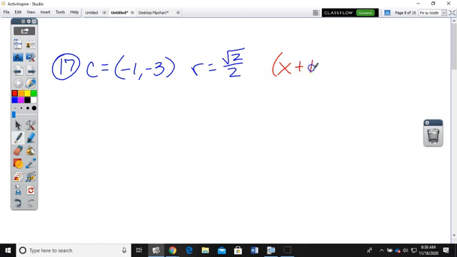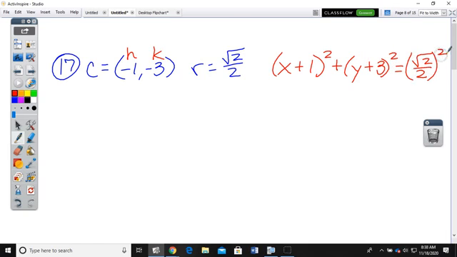So (x + 1)^2 + (y + 3)^2 equals the square root of 2 over 2, squared. What is the square root of 2 over 2 squared? 1/2. Very good.